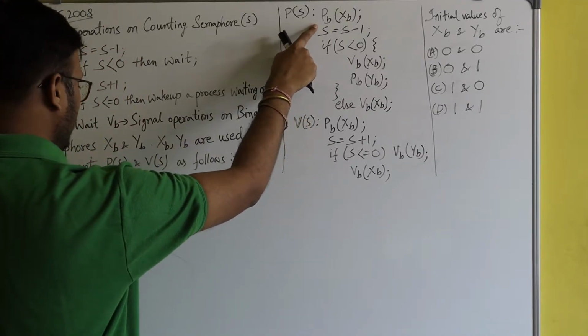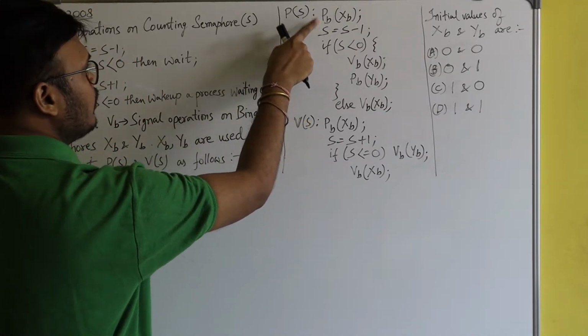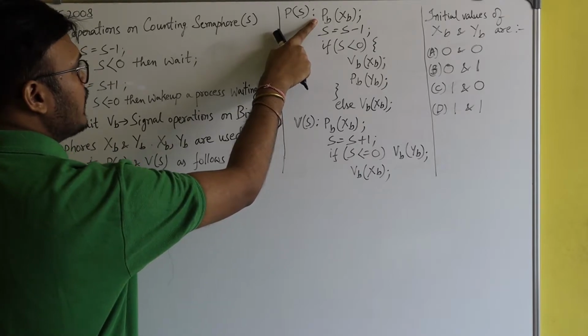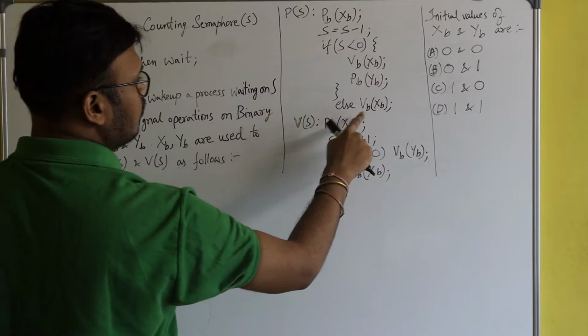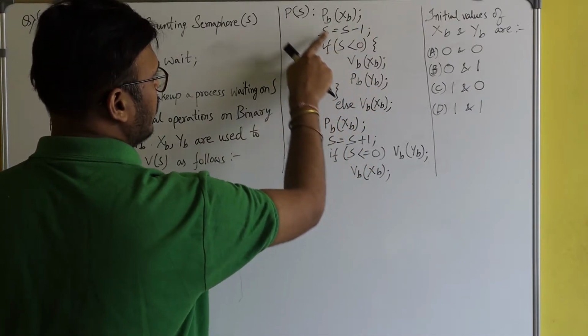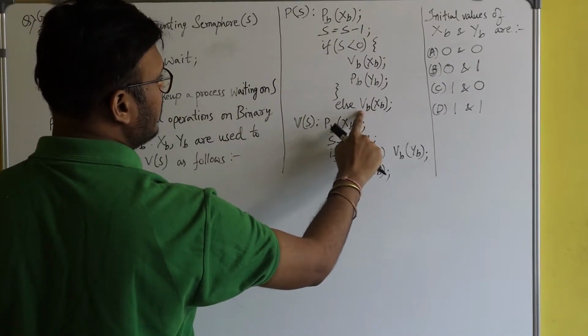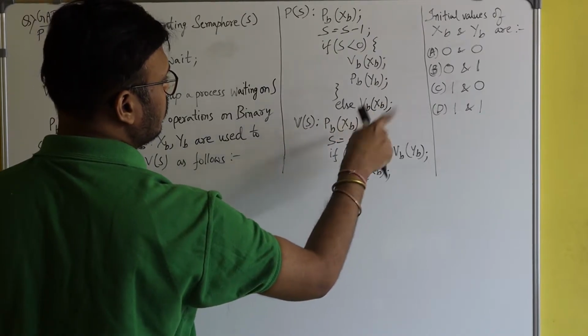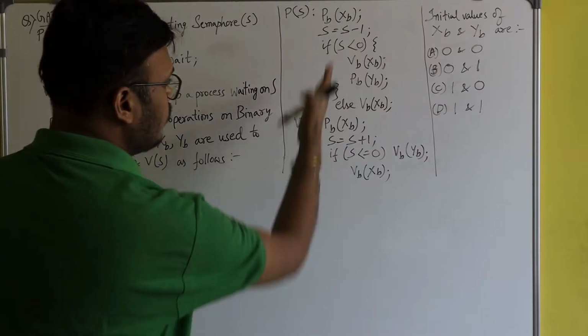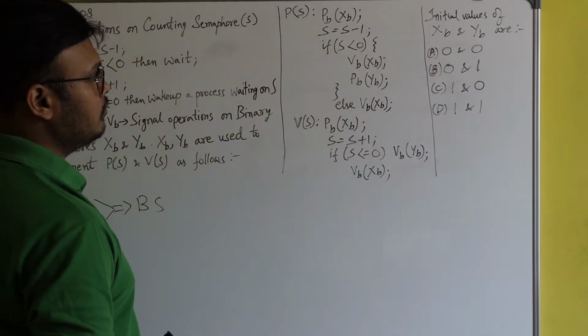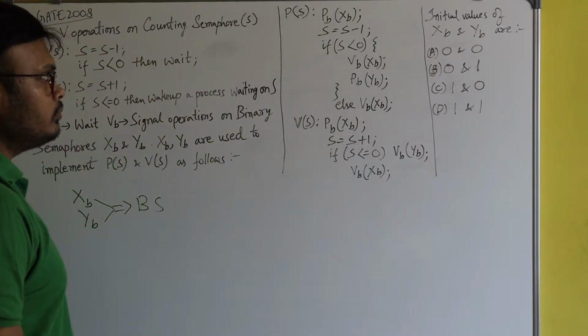PB is a wait operation on binary semaphore XB, and here you can see VB. VB is a signal operation on binary semaphore XB. So here you can see the whole code. Just copy it down.